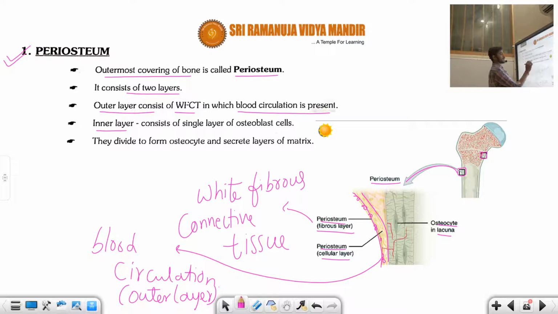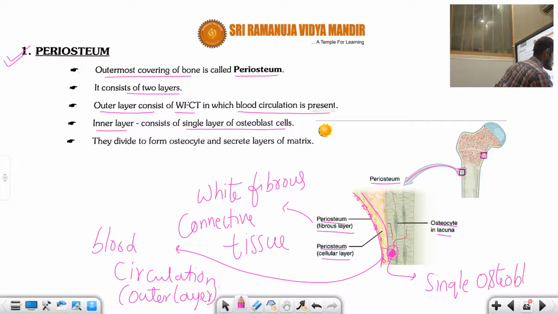The inner layer consists of a single layer of osteoblast cells. Here you can see this is the inner layer, and osteoblast cells are present here. For example, this is a single osteoblast cell. These cells are present in the inner layer.